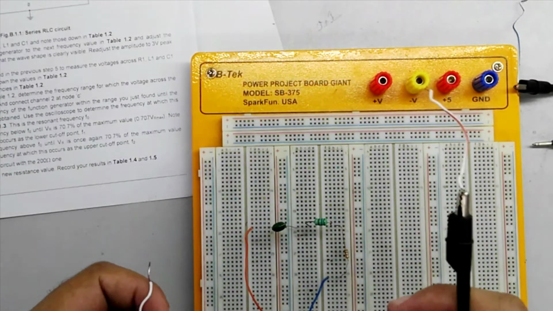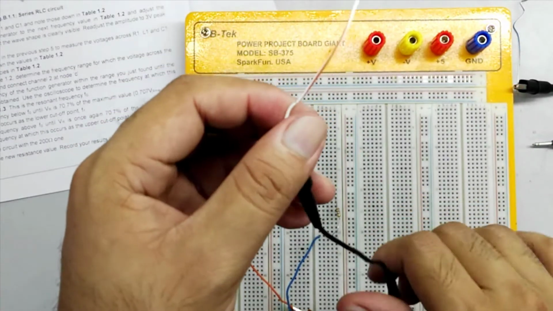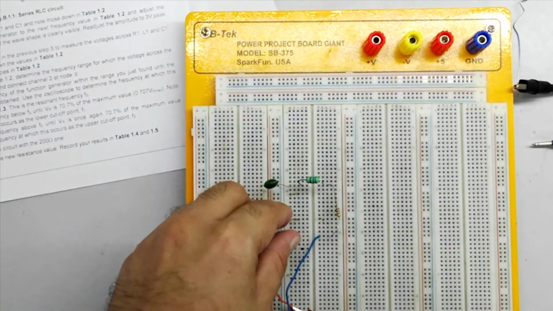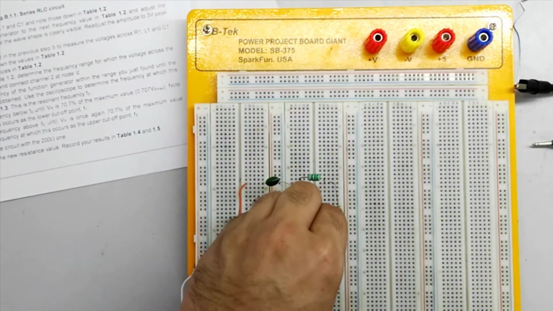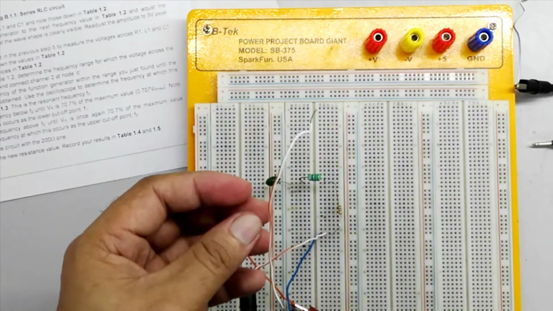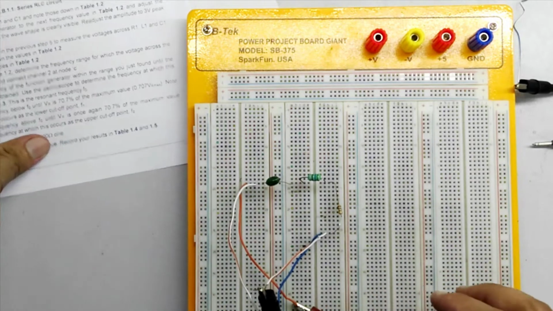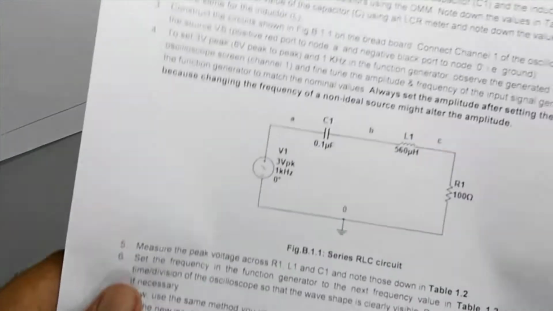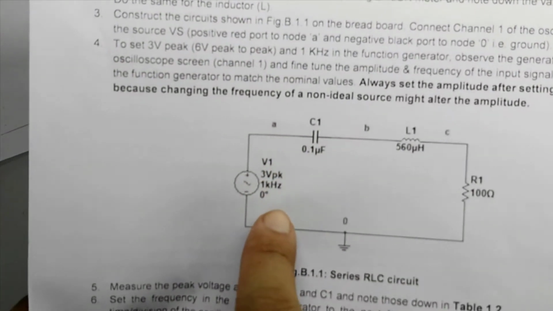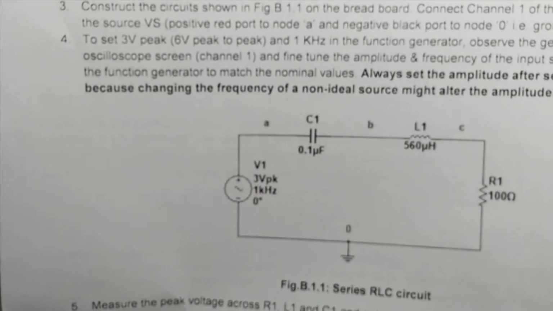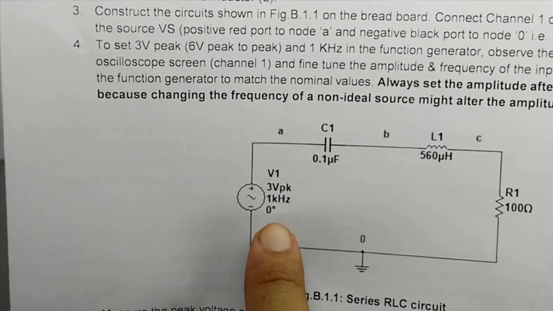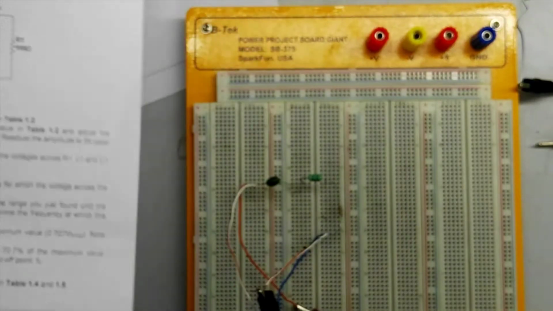I will attach the black wire of the probe to the ground as always, and the positive end of the probe to node A. This is channel 1. I have placed it at node A so that I can calibrate the input to this 3 volt peak and 1 kilohertz setup.